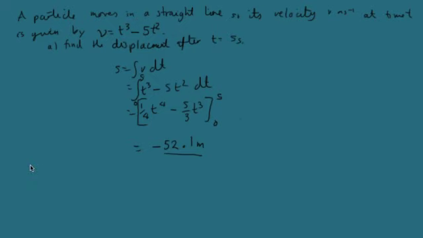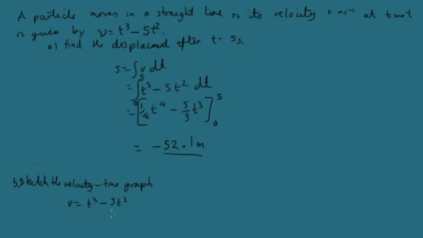So part B of this: sketch the velocity time graph. Now, we've got v is t cubed minus 5t squared.